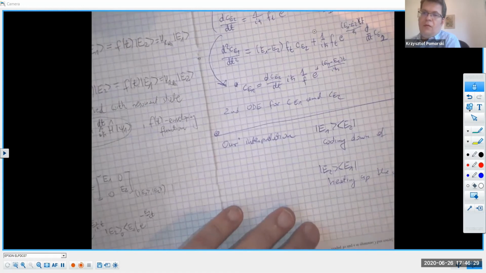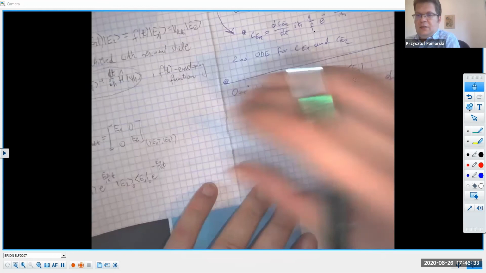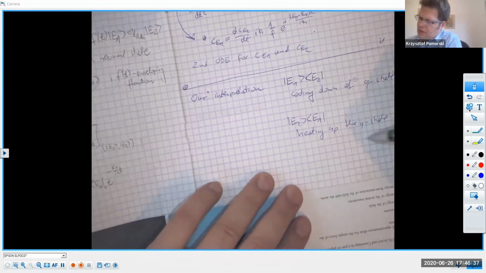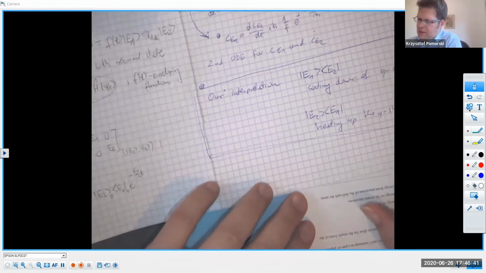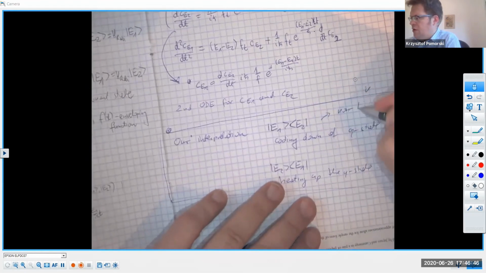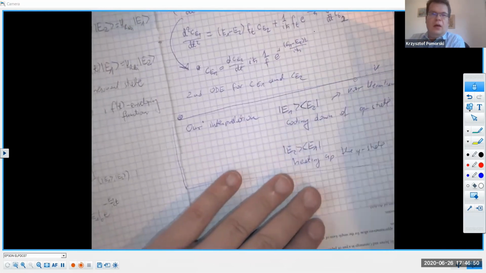Well, we recognize that this is heating up, and we recognize that this is a non-Hermitian operator. This would be okay.